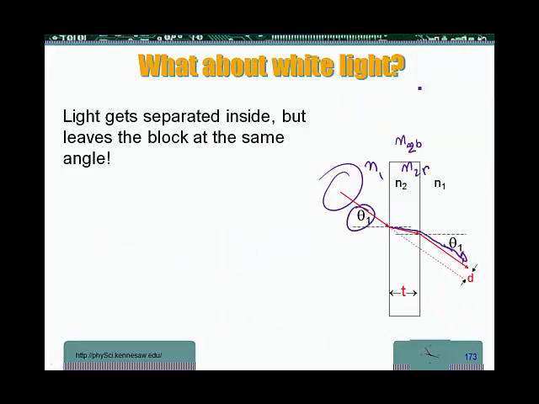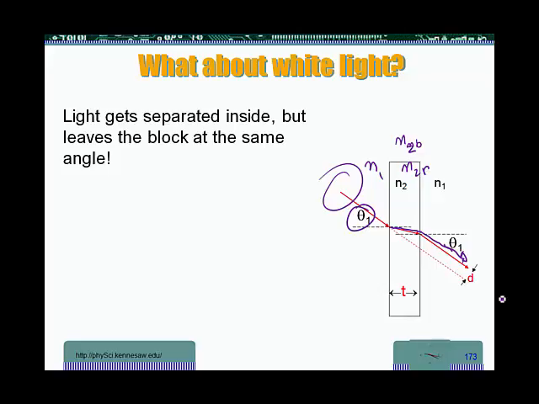meaning that the light beam is going to emerge, all the light beams, even though they are slightly displaced, they are going to emerge out with the same angle as the incidence angle. Because they are going to come out at the same angle, we are not going to be able to see them separated.